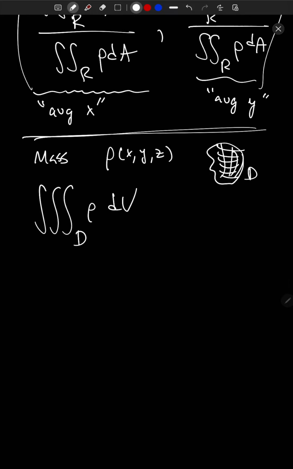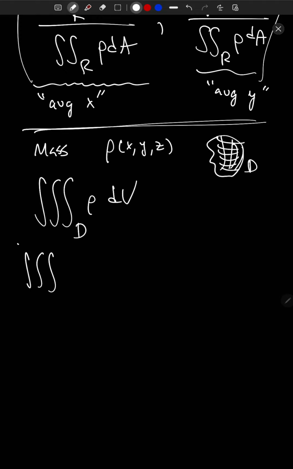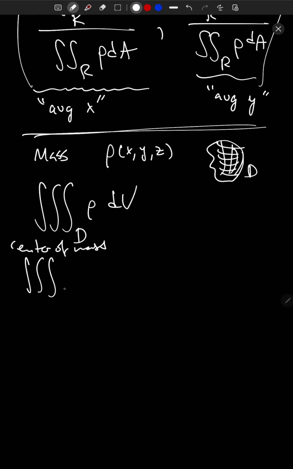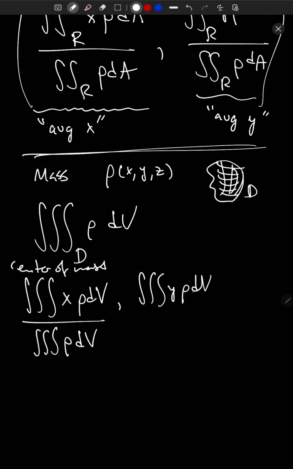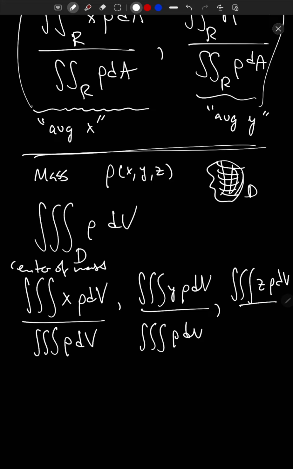Okay. And of course, center of mass is going to be the triple integral of x rho dV, comma, and I guess I should put down here, this is just my total mass, then y rho dV, z rho dV, as you expect.